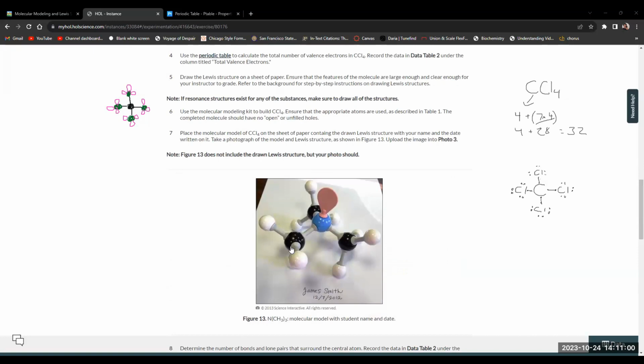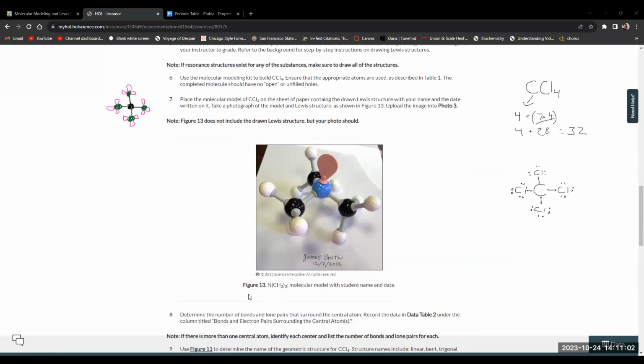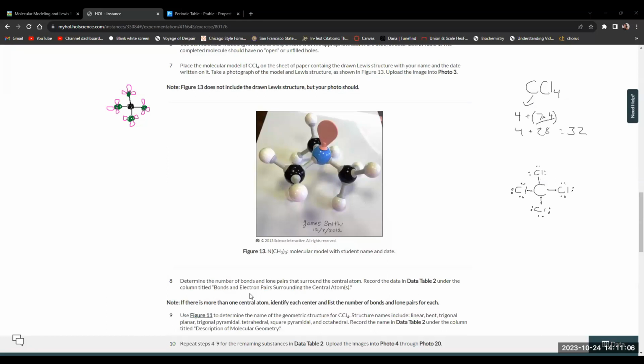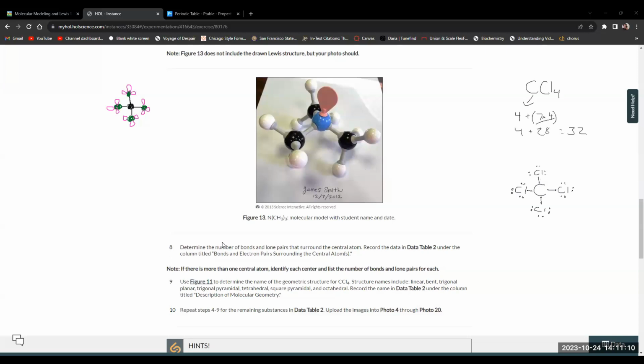And then here it's showing you how to take a picture of it. And then here, number 8, it says determine the number of bonds and lone pairs that are around the central atom. Then record the data on table 2 under the column titled bonds and electron pairs surrounding the central atom.